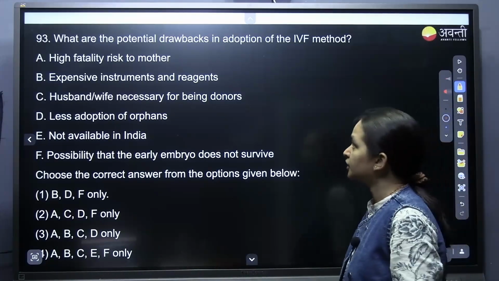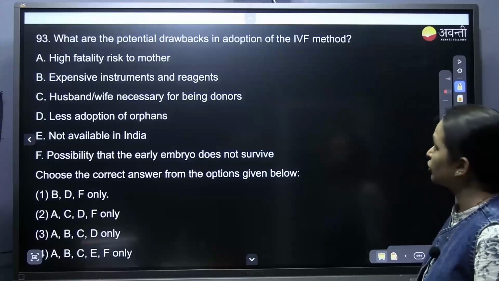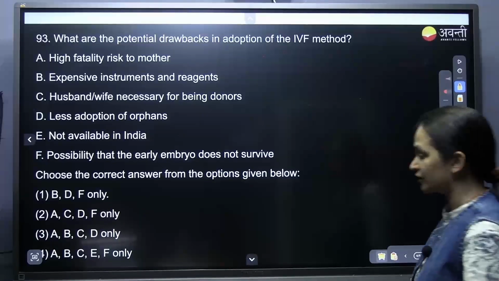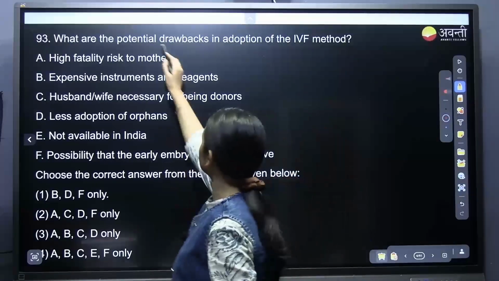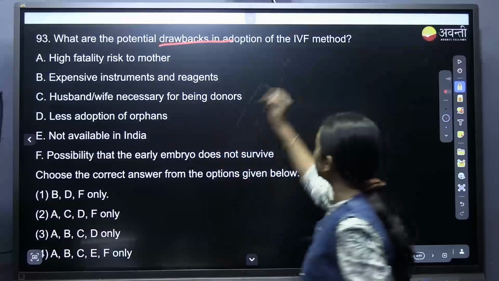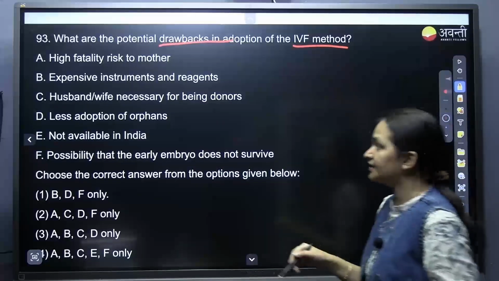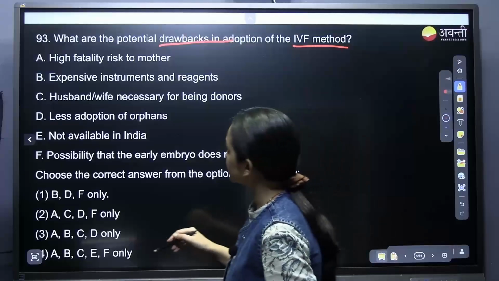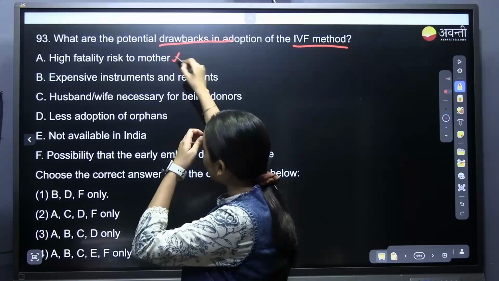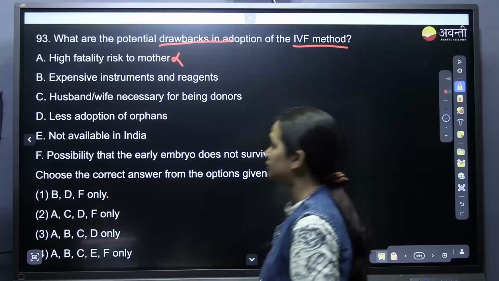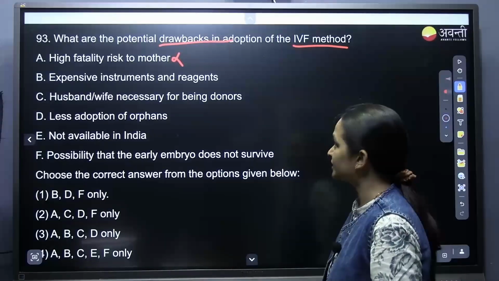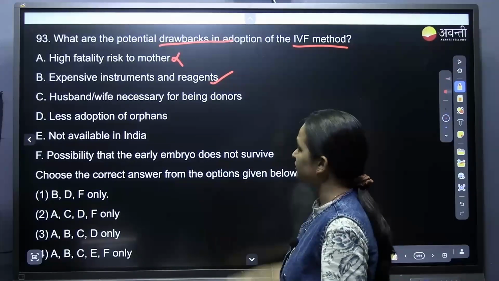What are the potential drawbacks in adoption of the IVF method? We need to find the drawbacks. High fertility risk to the mother? No, it doesn't have high fertility risk. Expensive instruments and reagents? Yes, it is expensive.